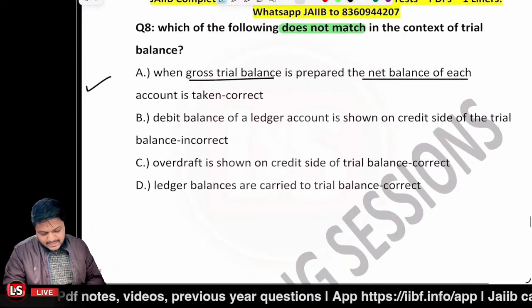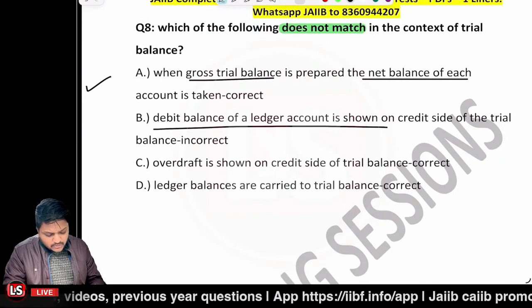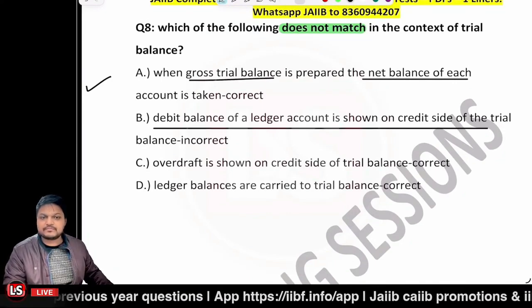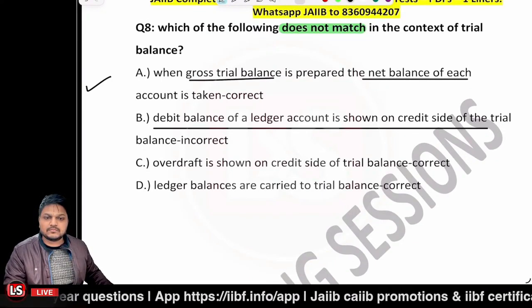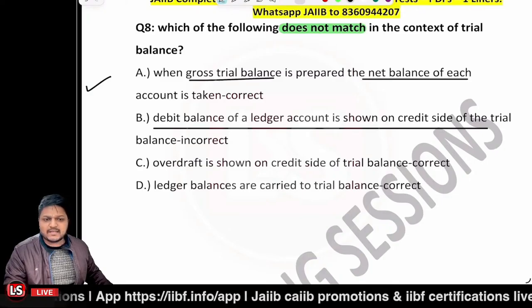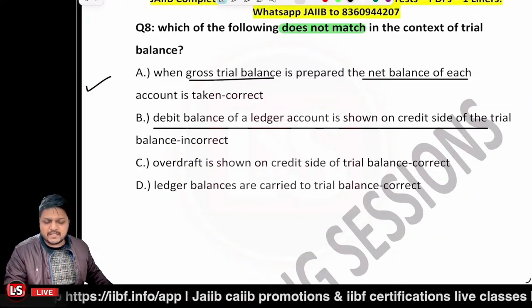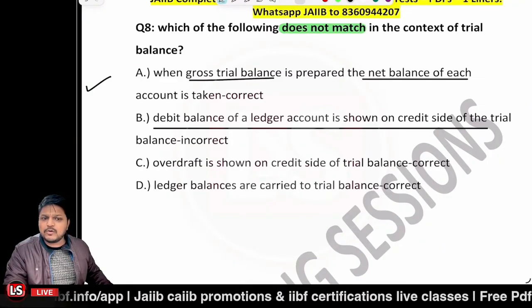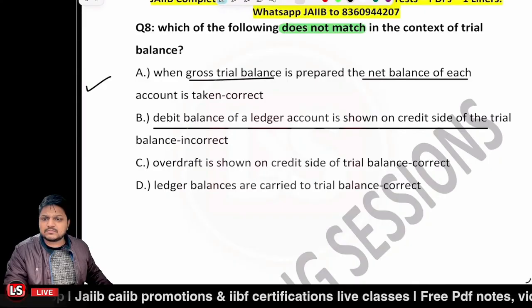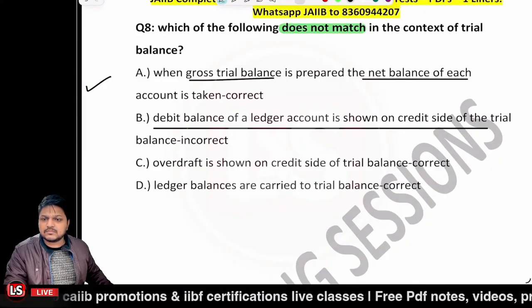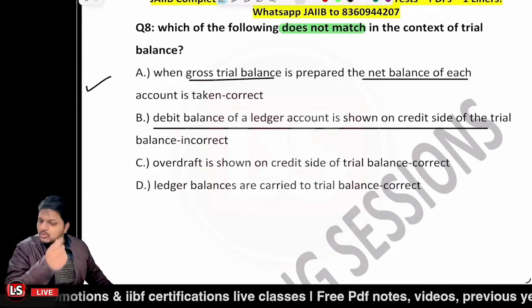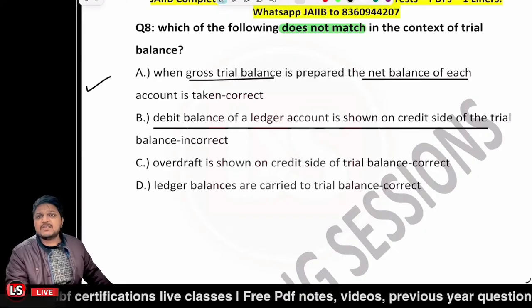Second statement. Debit balance of ledger account is shown on credit side of the trial balance. Is there any rule related to it? No, that's not correct.